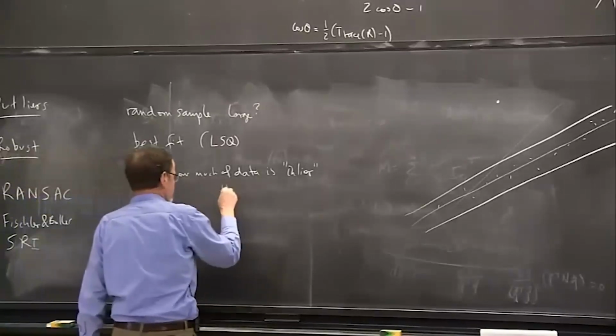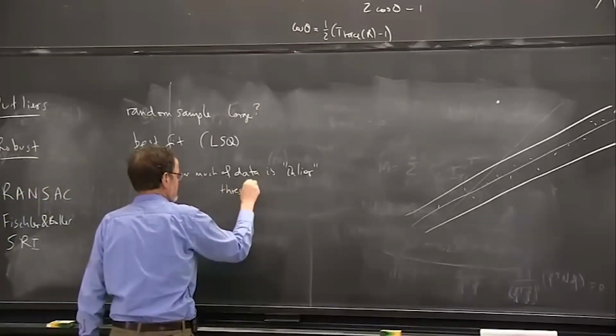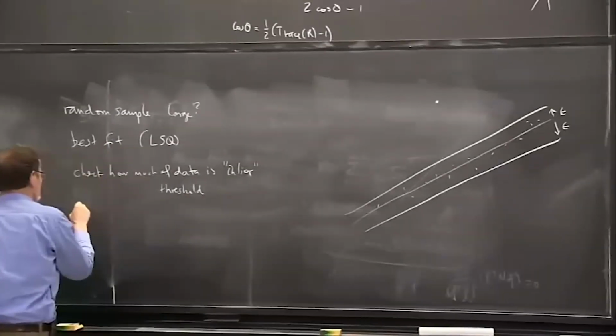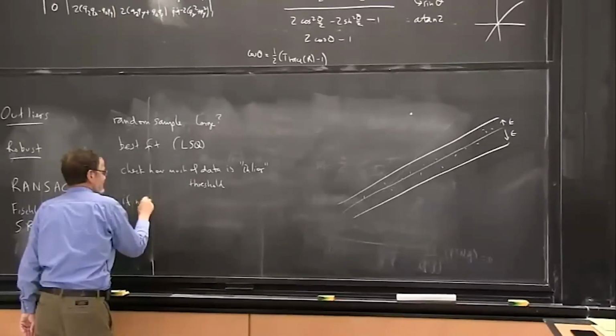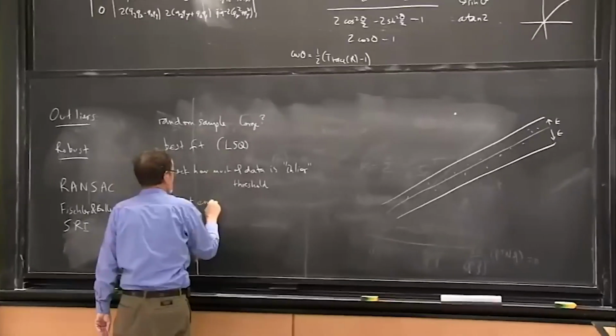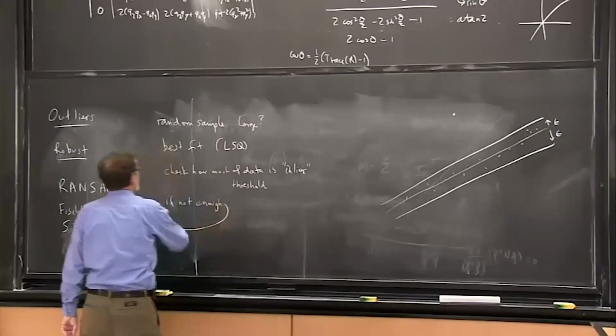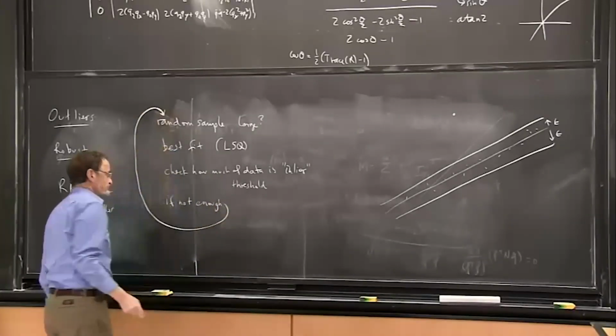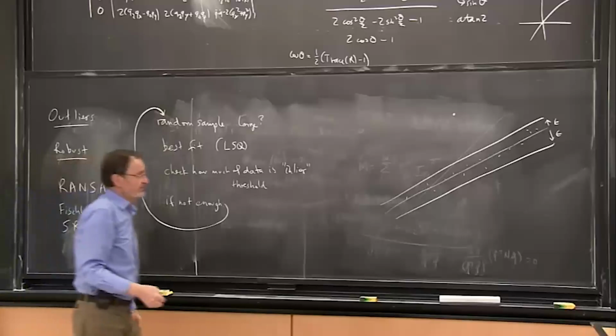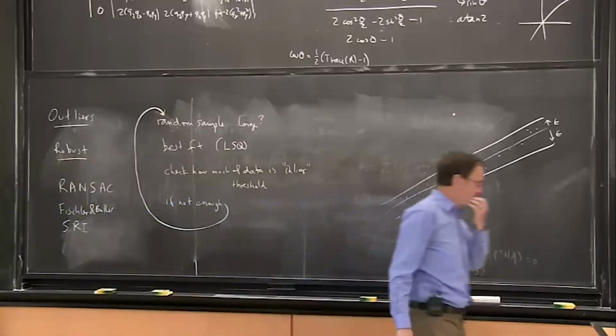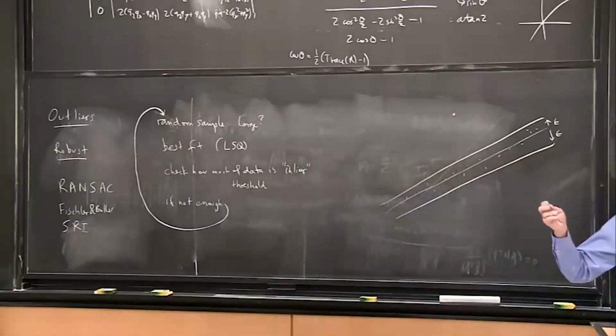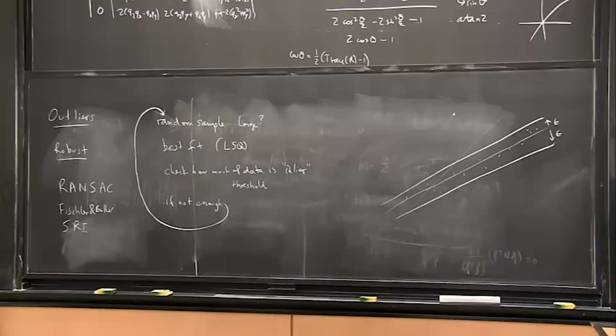And notice that this involves some kind of threshold. So in our case here, let's say that all but one point fall in that band, then we say we're done. If not, we take another random sample and we do this operation again.